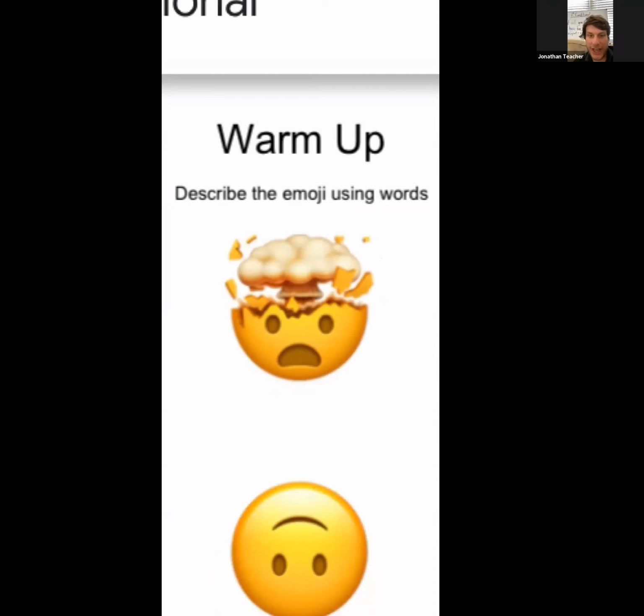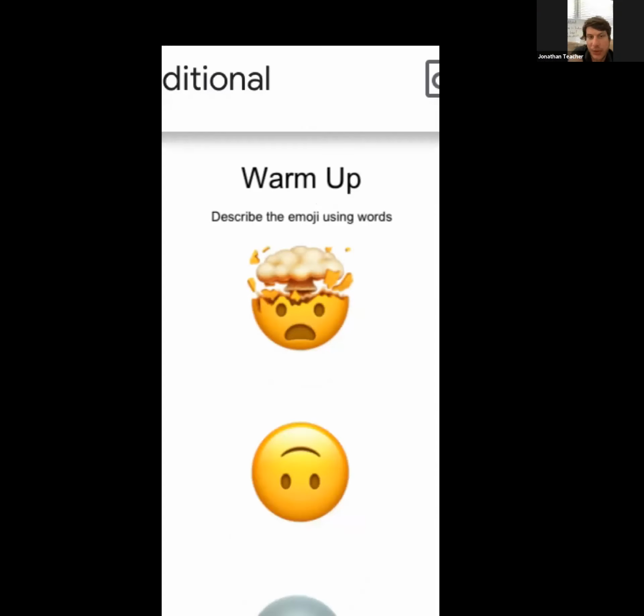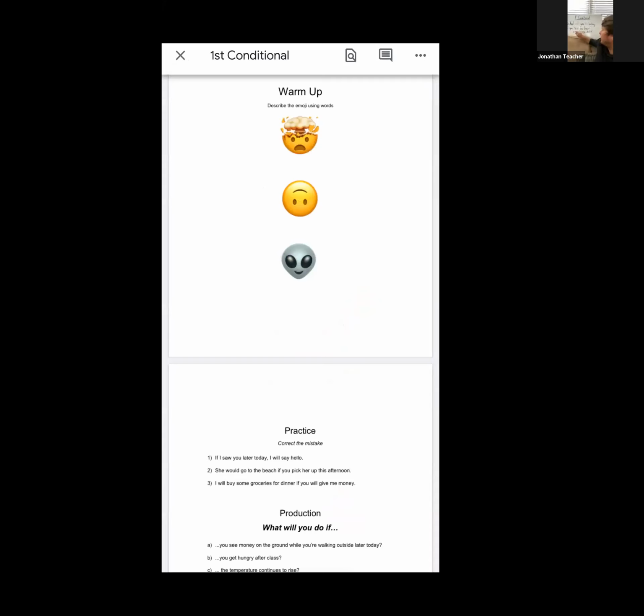Okay, good. Yeah, like the face is collapsing. Yeah, that's pretty good. The emoji explodes because he is surprised or shocked. Sure. Okay. Very good, Andres. We're making a good sentence here.